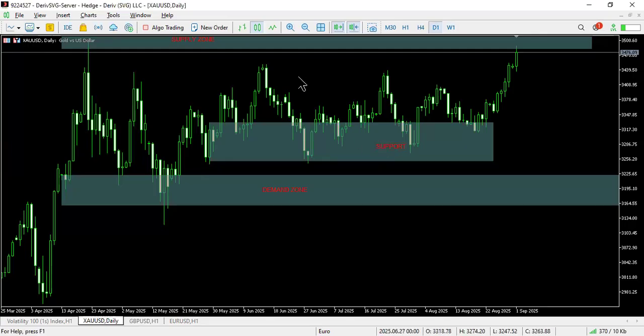Support, and we also have broken a new high on gold. So this is our break of structure from the daily time frame.